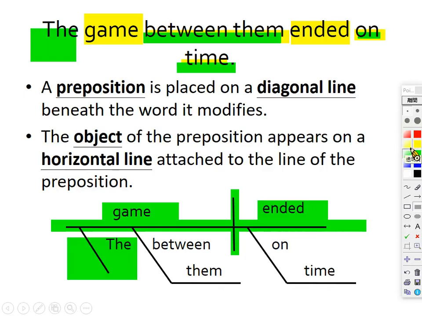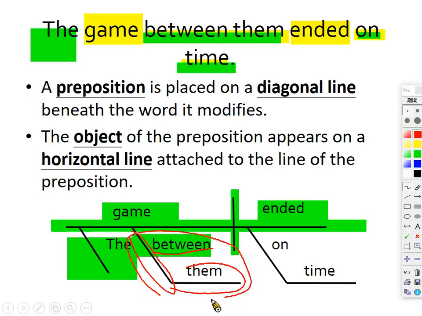And between them, look here. Between, we put a diagonal line here. And this is a small section, altogether treated as a prepositional phrase.